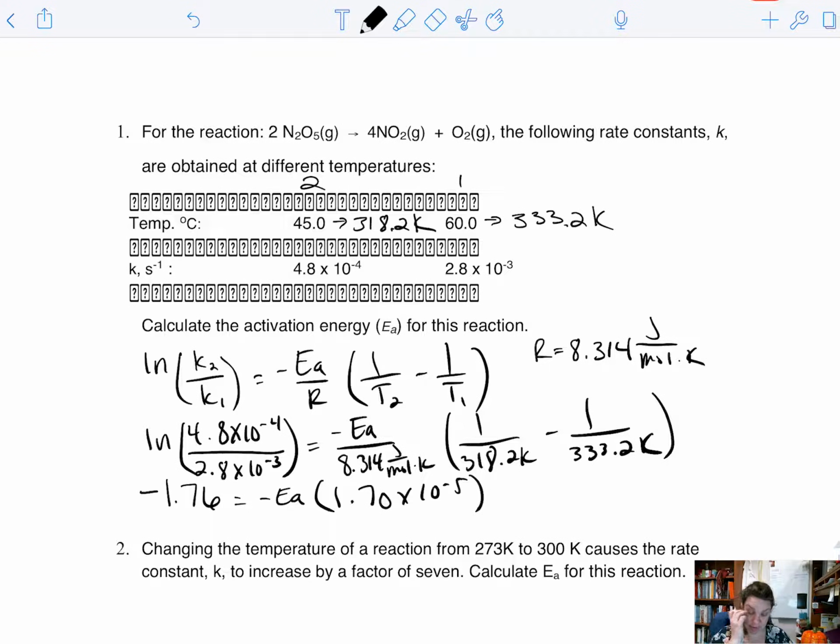Divide both sides by that, and we get an EA equal to 103 kilojoules per mole.